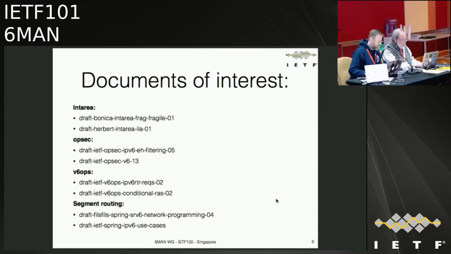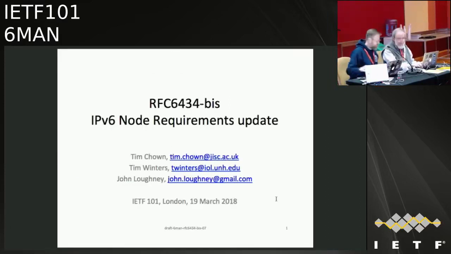Okay, then we have node requirements. Tim, please. So what was this document you just talked about? It's IPv6 over a new... All right, hello, welcome to sunny London. Thank you. So I'm just going to talk a little bit about the updates we've made to 6434bis.